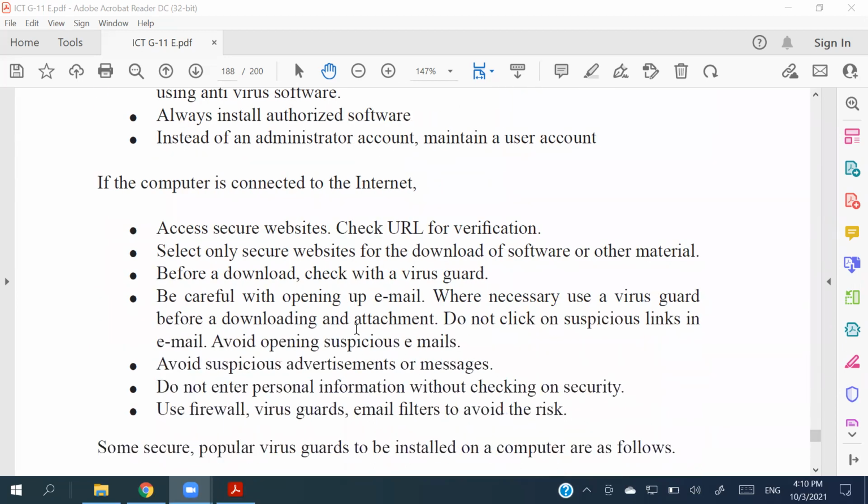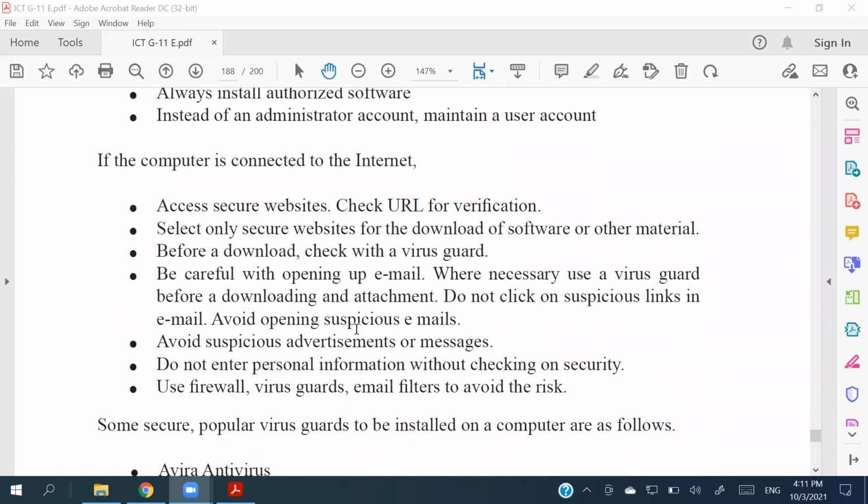And when you are connected to the internet, always tend to use secure websites, right? And when you are downloading things, always download from trustworthy sources, right? Because many times people download from other websites.